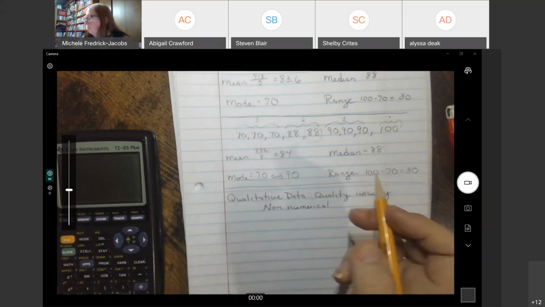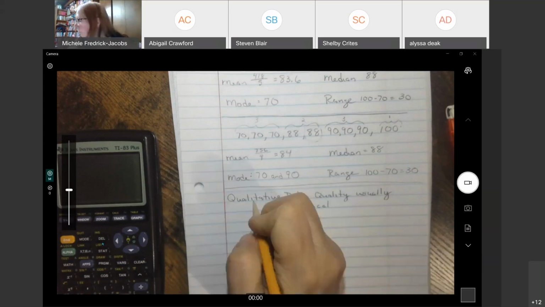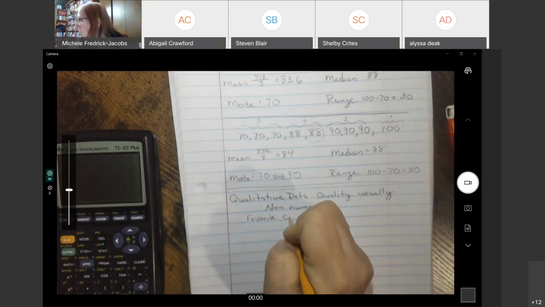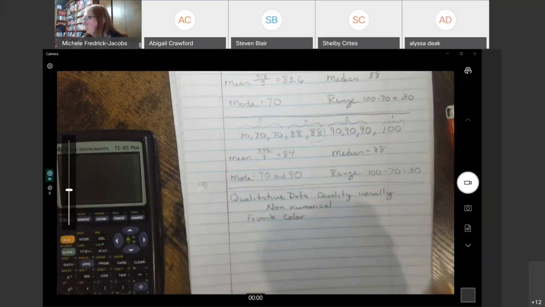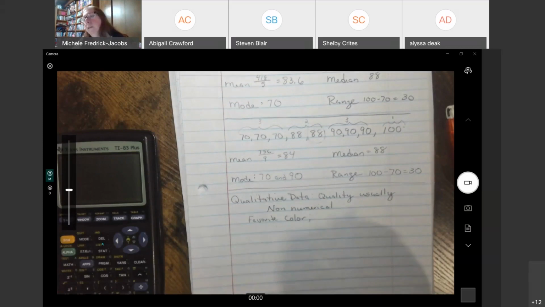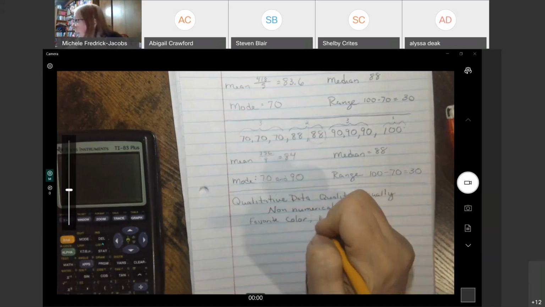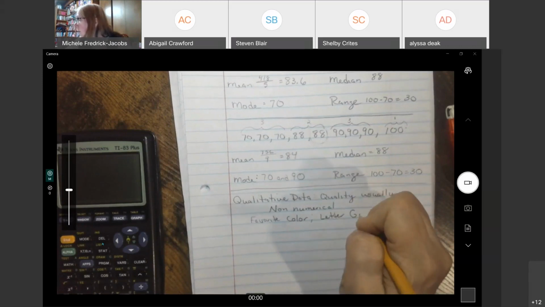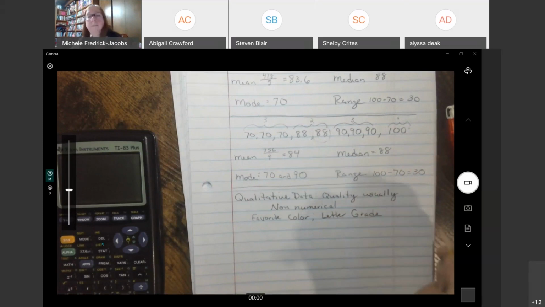Some examples: favorite color, if we were talking about grades, it would be the letter grade. A, B, C, D.